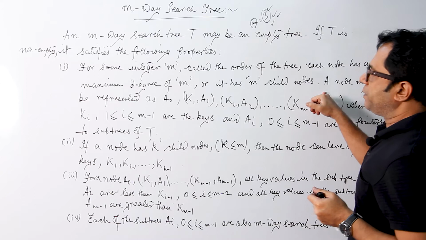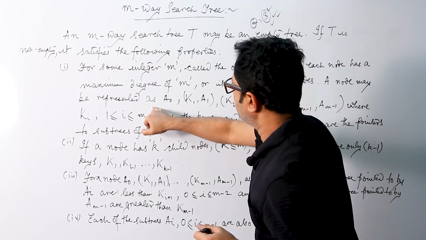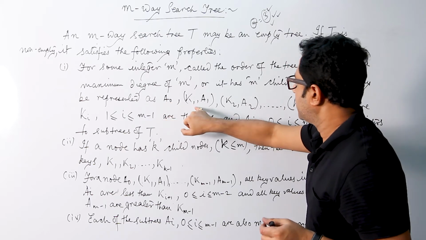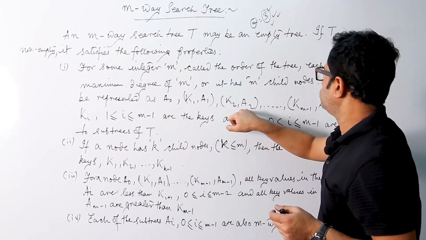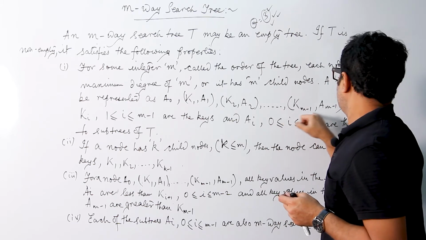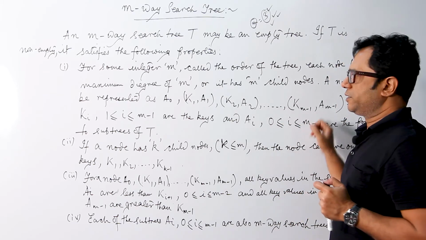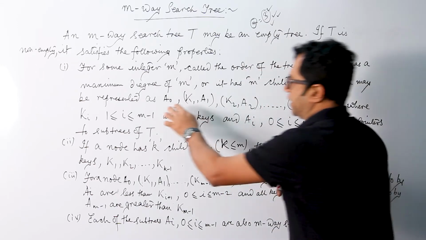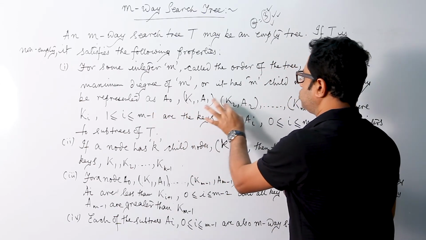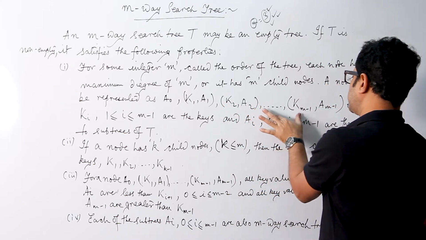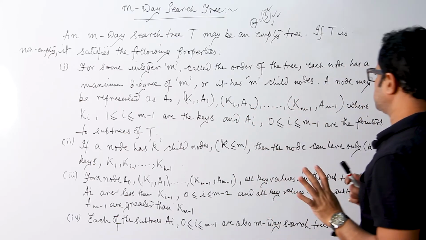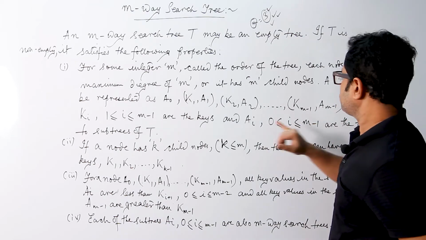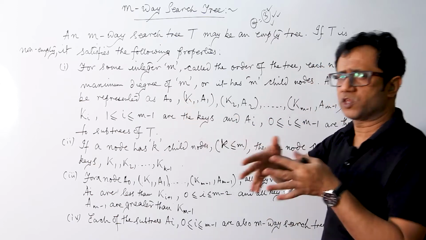Any node can be represented as A0, K1, A1, K2, A2, ..., Km-1, Am-1. What does that mean? We see that there are m paths which lead to the child nodes.